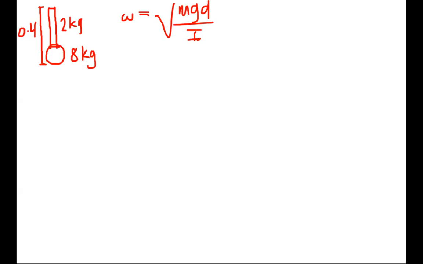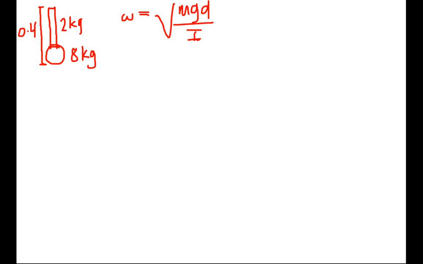We know that the center of mass is not going to be in the middle, as it's got a heavier mass on the bottom. So in order to solve for d, which is the distance from where it's pivoting to the center of mass, we're first going to need to calculate what the center of mass is.